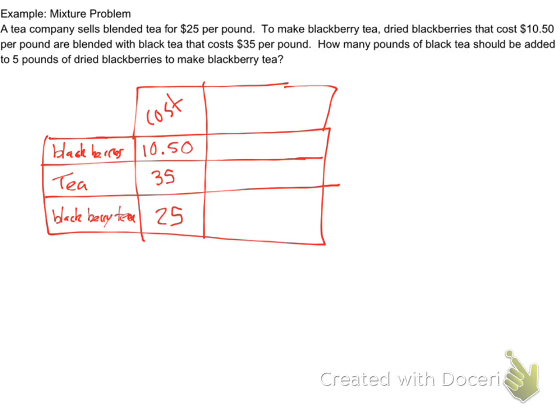The other thing about it is that you got poundage. You got a certain amount of pounds going in. Do we know any of these pounds going in? How many pounds of blackberries we have? 5.